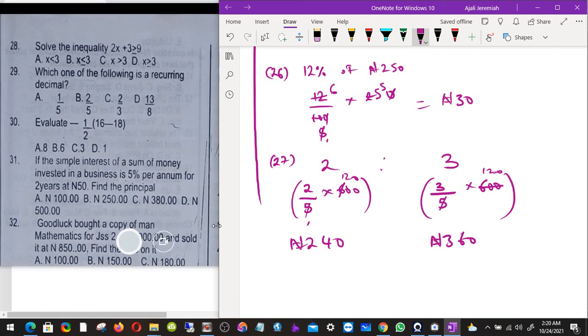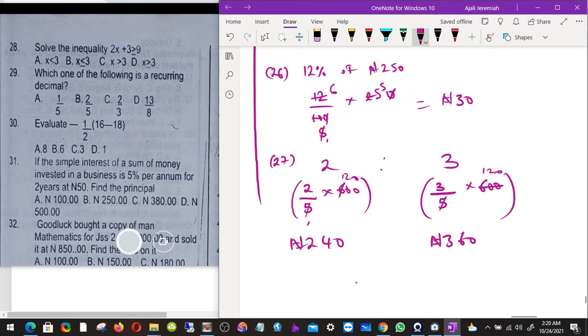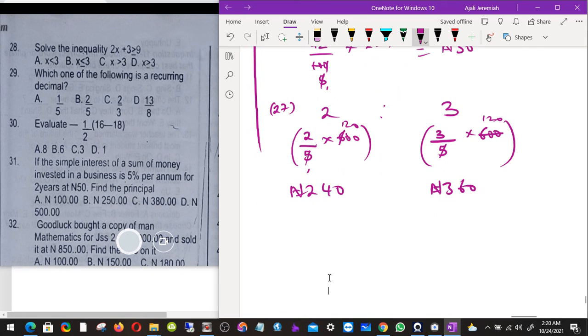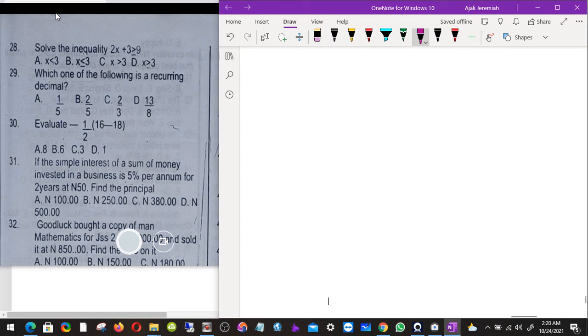Okay. Solve the inequality. 2x plus 3 is greater than or equal to 9.